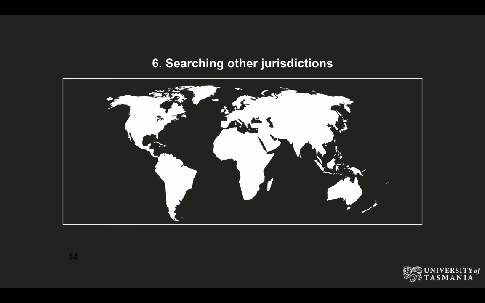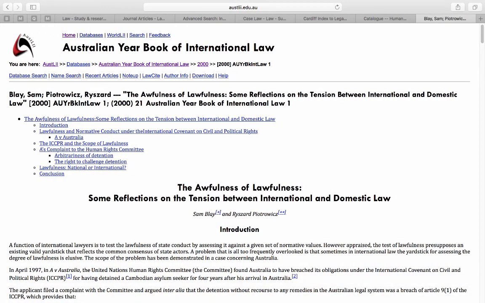Then we have digests and citators, which provide summaries of cases, and they also link to other relevant materials to assist you with your legal research. We have examples of digests from various jurisdictions in our case law subject guide.